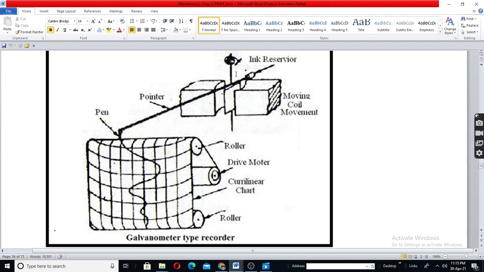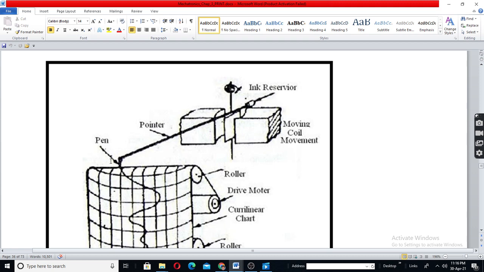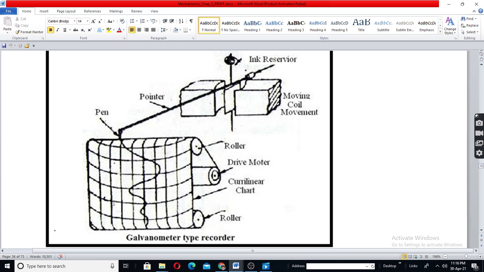The value deflects. This is a moving coil instrument. As the quantity is increased, it will deflect more. It will not move linearly here. It will deflect. So this is a curvilinear system.